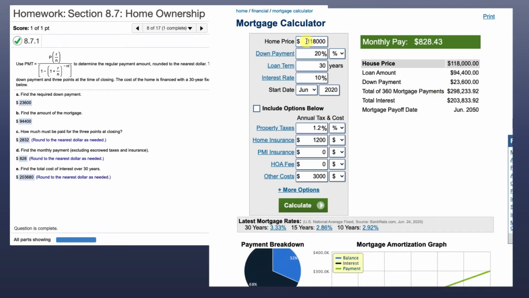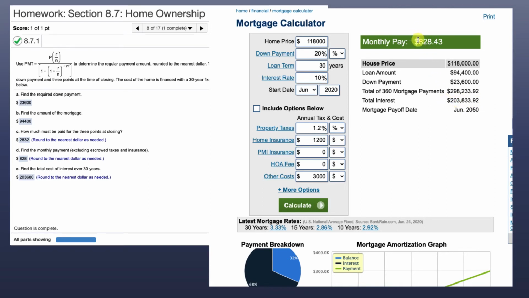So you notice by putting this in the 20%, it took the 20% out, and then there's my mortgage, my loan amount, $94,400. There's my down payment. It told us that. And then the total interest is right here. Now, this is a little bit off. Now, why is it off?